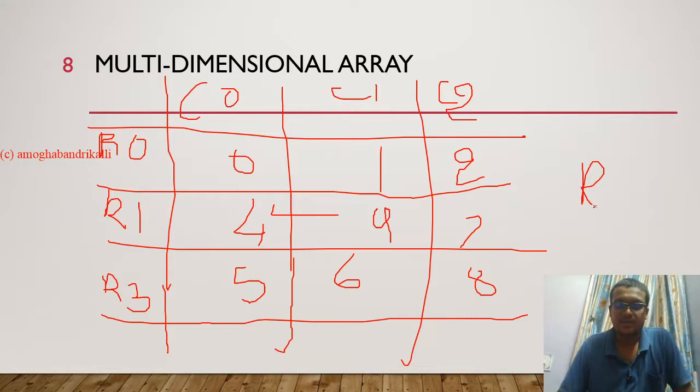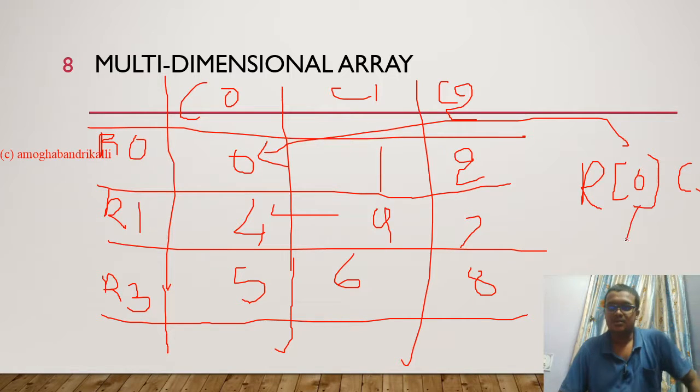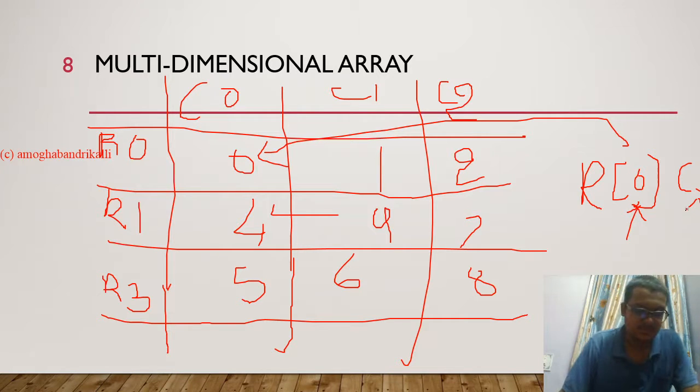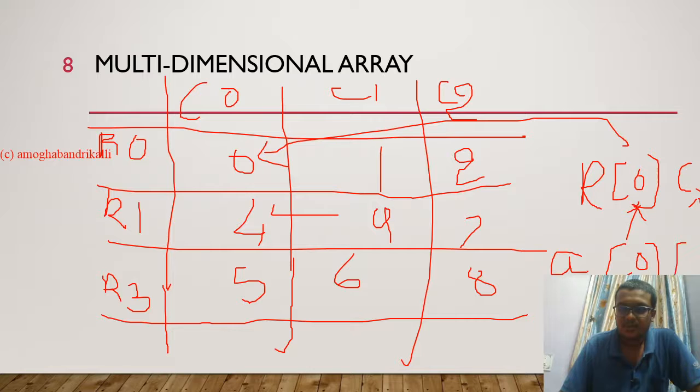So here in order to access it, R of 0, C of 0 will be this respective value. So this is the row value and this is the column value. So like this you can have an assigning statement, or if this has been assigned to a variable, you can directly use a of 0 comma 0.